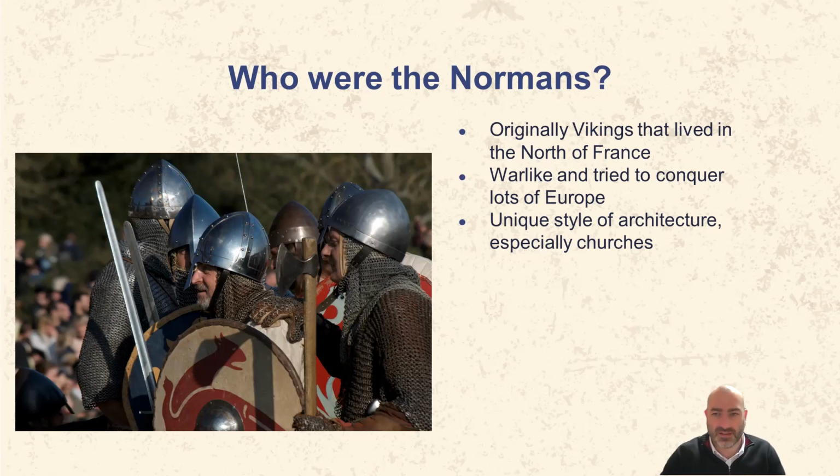And they actually settled in the Normandy area for quite a long time. They spoke a type of French, and they developed a unique style of architecture, and especially church building architecture. They were aggressive, they were warlike, and they also tried to take many places in Europe by force.